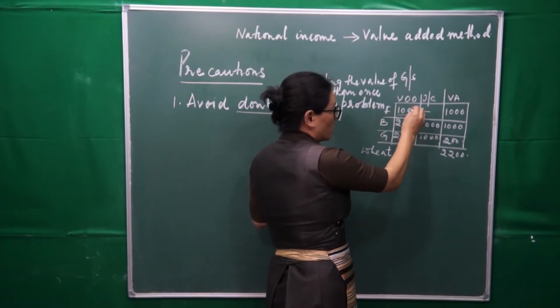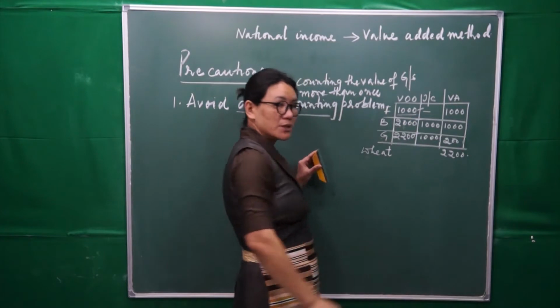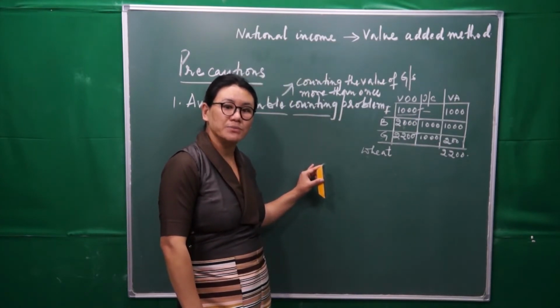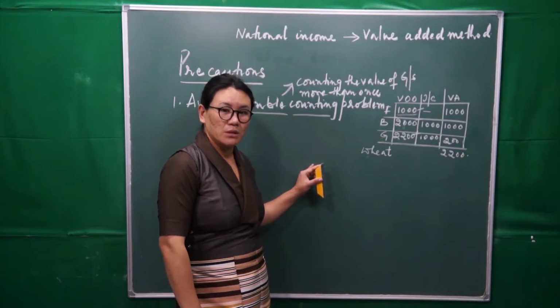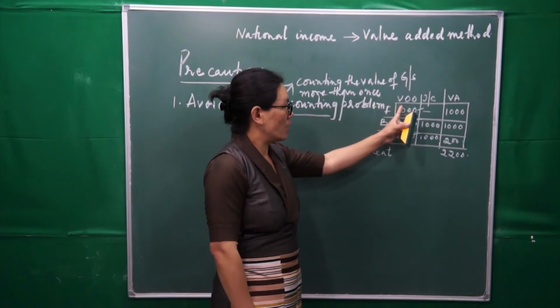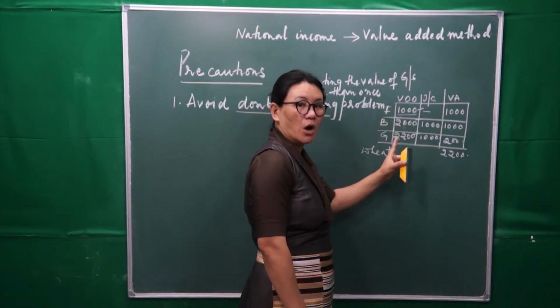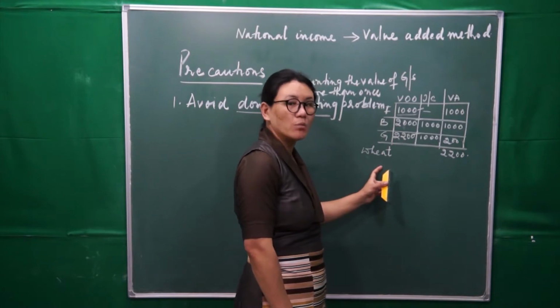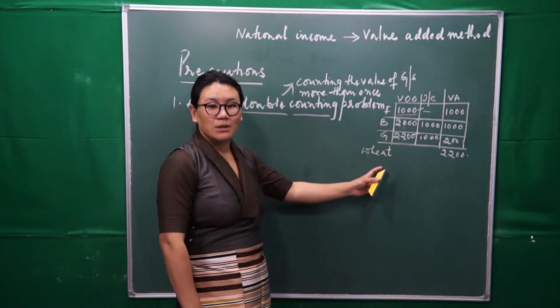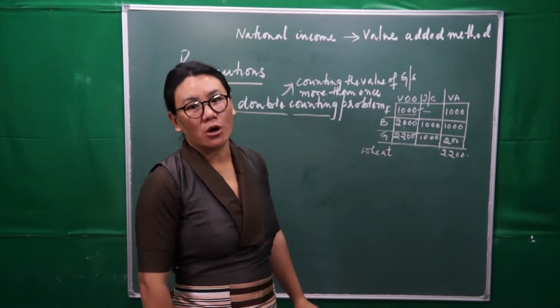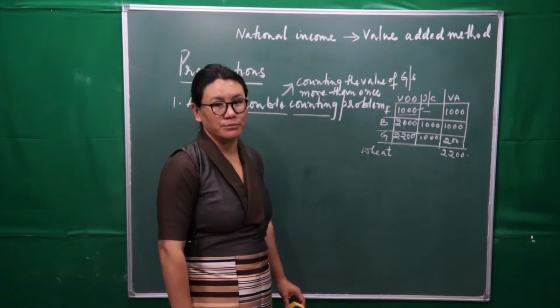So 1, 2, 3. How many times? Thrice. The value of wheat has been counted. Now, if we take the sum of all the values, then what will happen? It will lead to overestimation of national income.